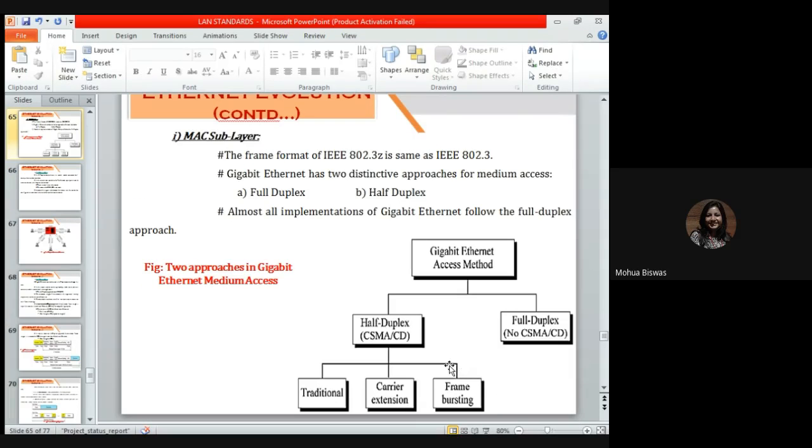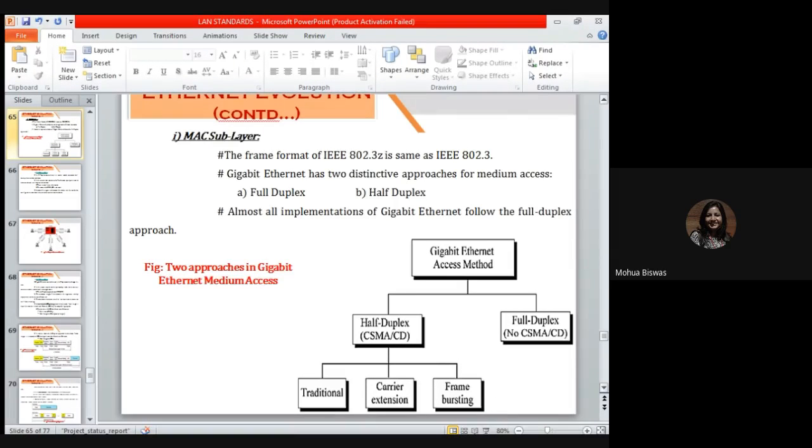Next, in carrier extension, they have increased the minimum from 512 to 4096 bits, which converted to bytes is 512 bytes. And the last one is frame bursting.